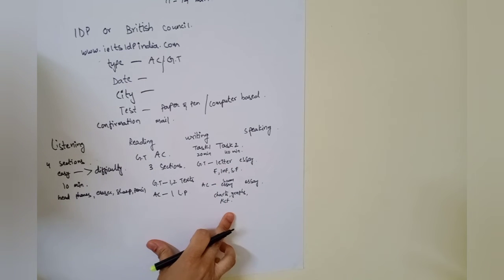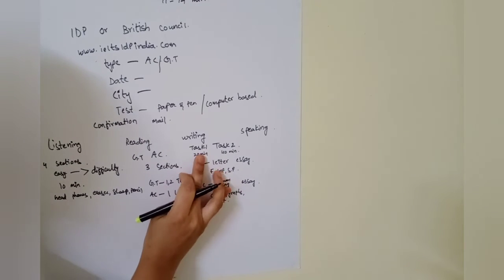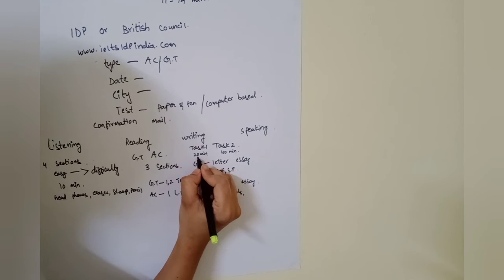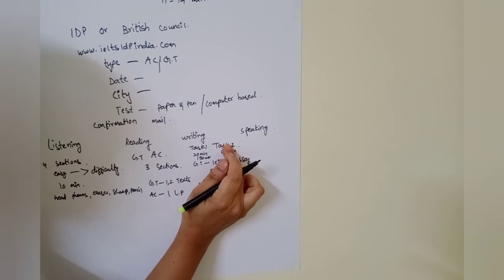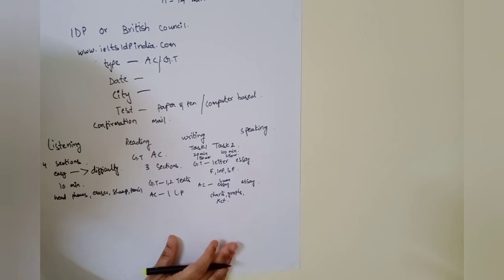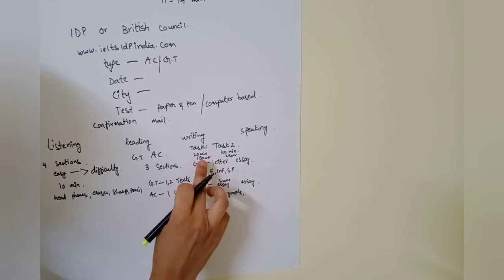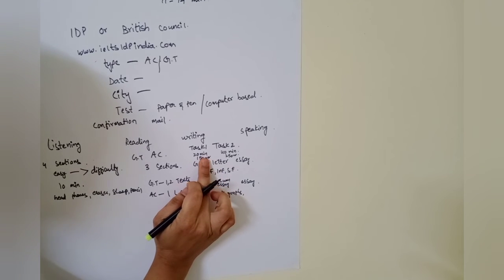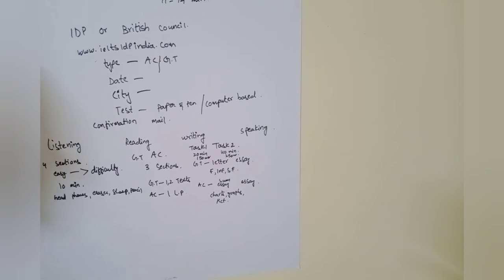You can answer either with pencil or a pen. The word limit for task 1 is not less than 150 words. The word limit for task 2 is not less than 250 words. That is, the minimum threshold word limit is 150 words for task 1 and 250 words for task 2.